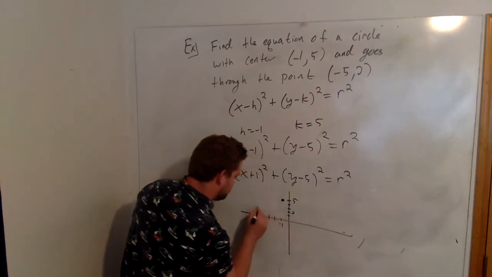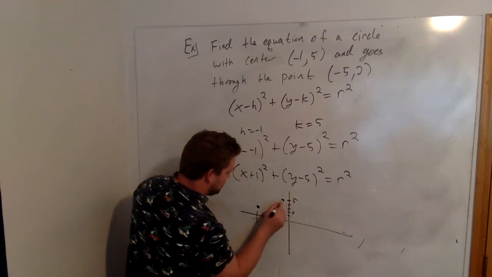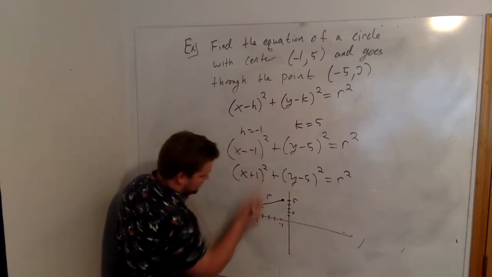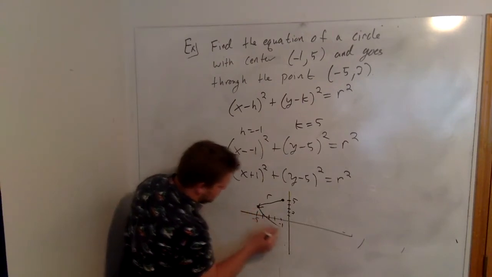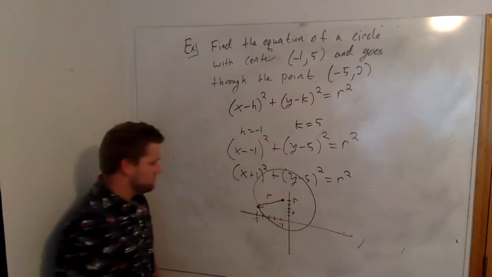From here to here will be the radius of the circle, and if we were to draw it, roughly this is the circle we're trying to find the equation for.